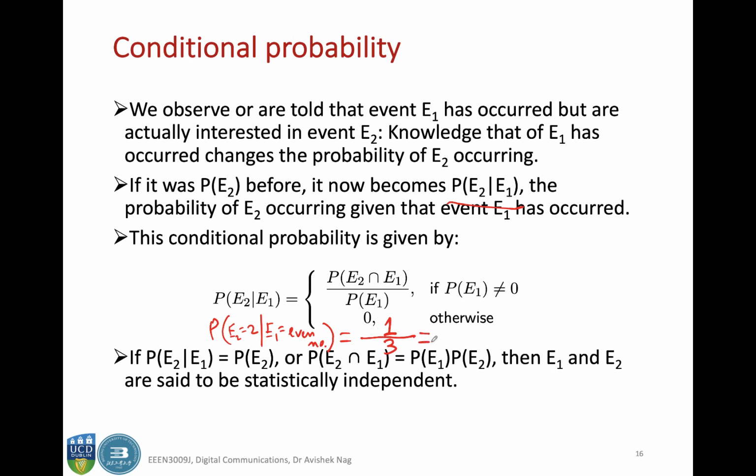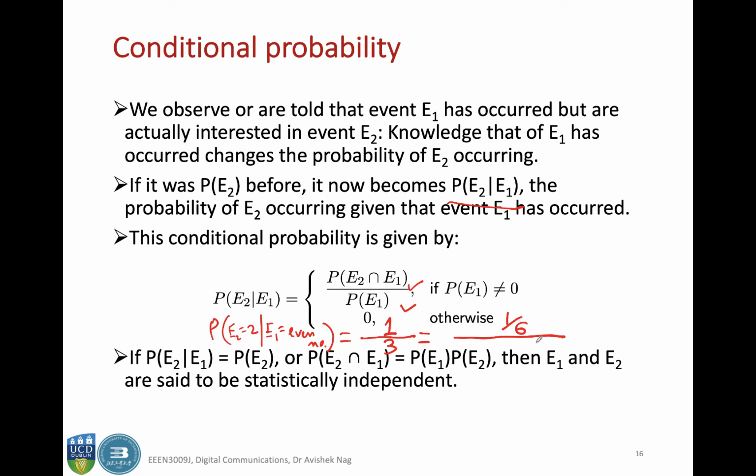So now if you look from the perspective of this expression, probability of E2 given E1, what is it? Basically, probability of E2 intersection E1 divided by probability of E1. So E2 is the number 2, E1 is even number. So the probability of E2 intersection E1 is 1 over 6 in case of a die. So it is an even number and it is 2.